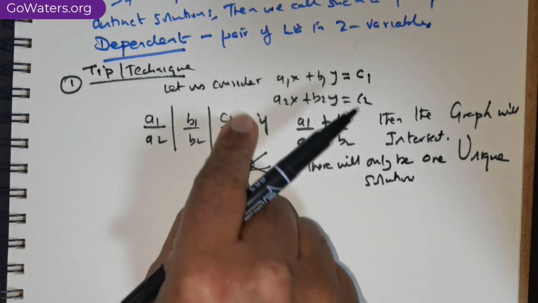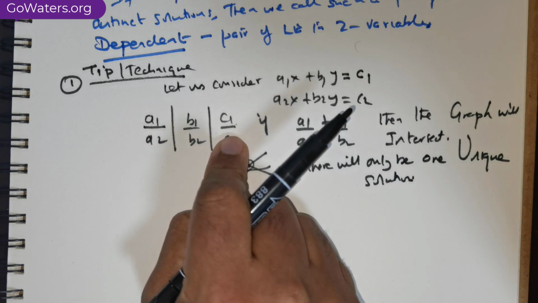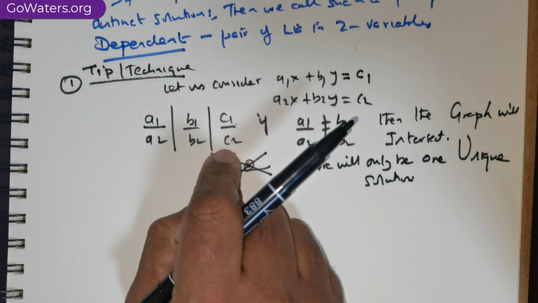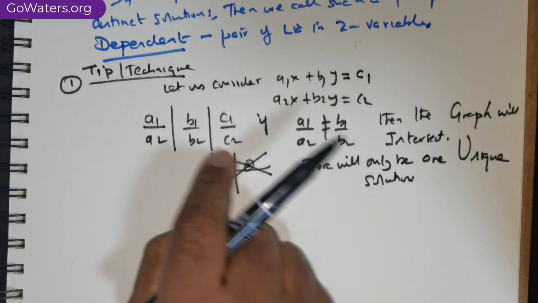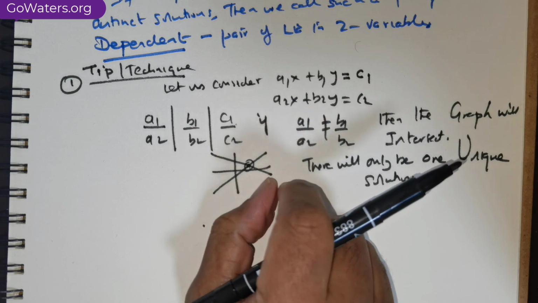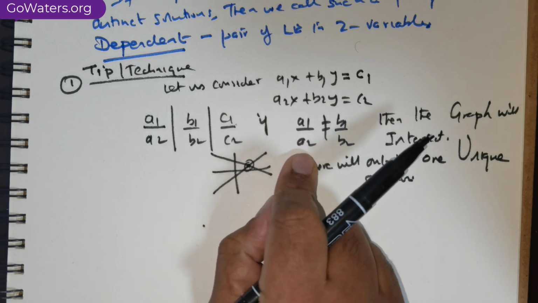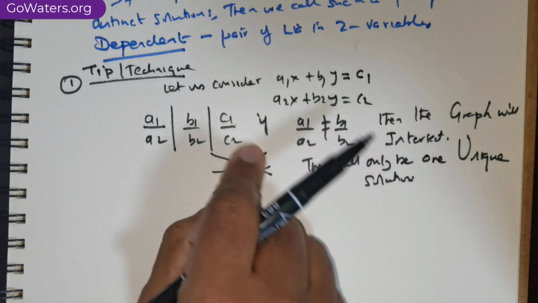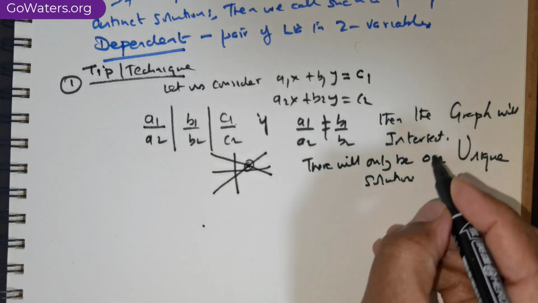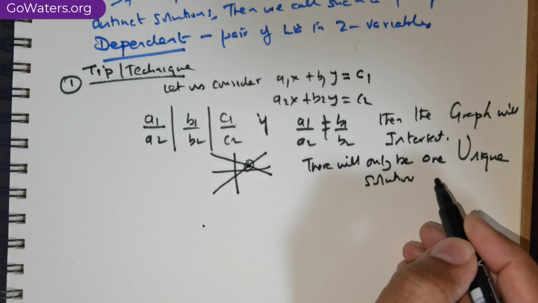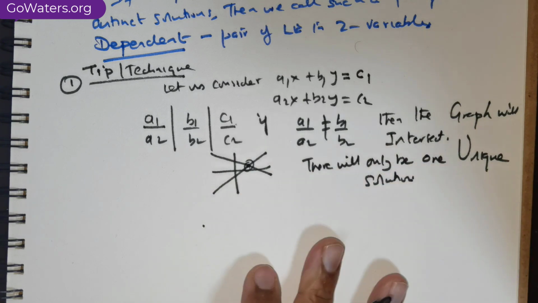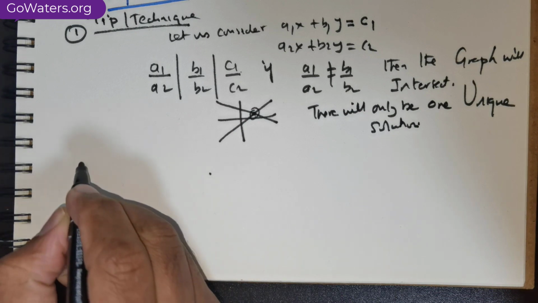Of course, c1 over c2 is just for the sake of consistency; it has no impact in situations like this. The moment you find that a1 over a2 is not equal to b1 over b2, you can outrightly state that the graphs are going to intersect and have just one unique solution. So that's the conclusion for that.